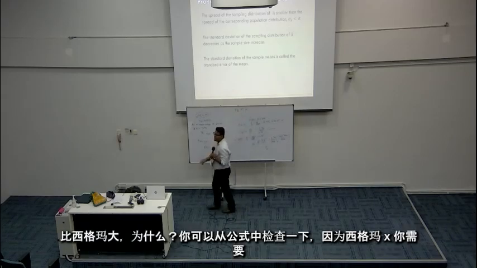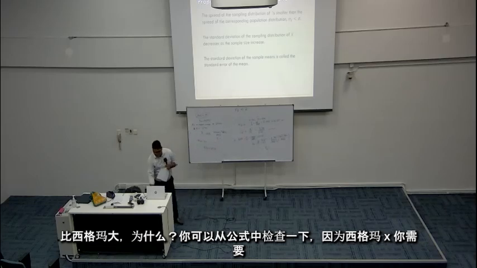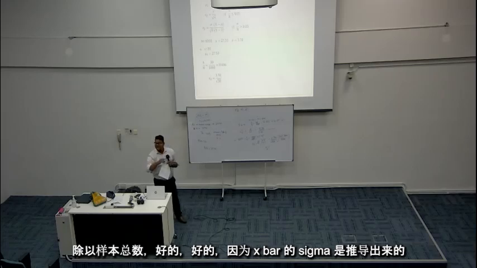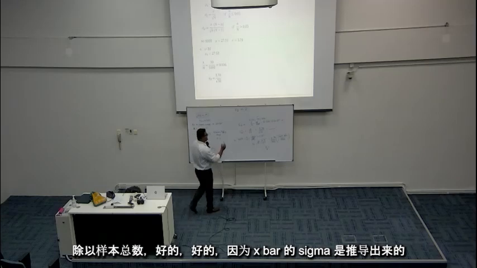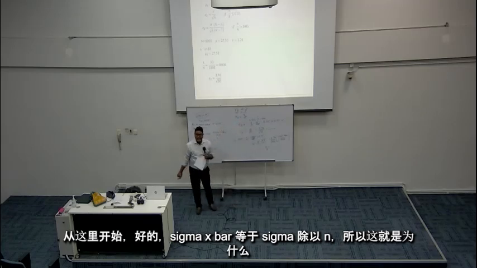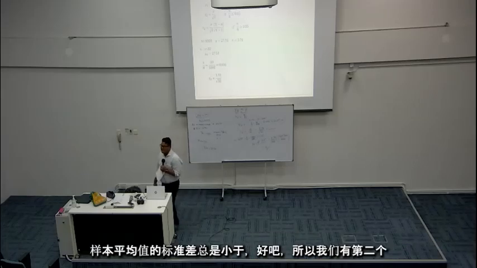Why? You can check from the formula, because for sigma x bar you need to divide by the square root of the sample size. Sigma x bar is equal to sigma divided by square root of n. So that is why the standard deviation of the sample mean is always less than sigma.